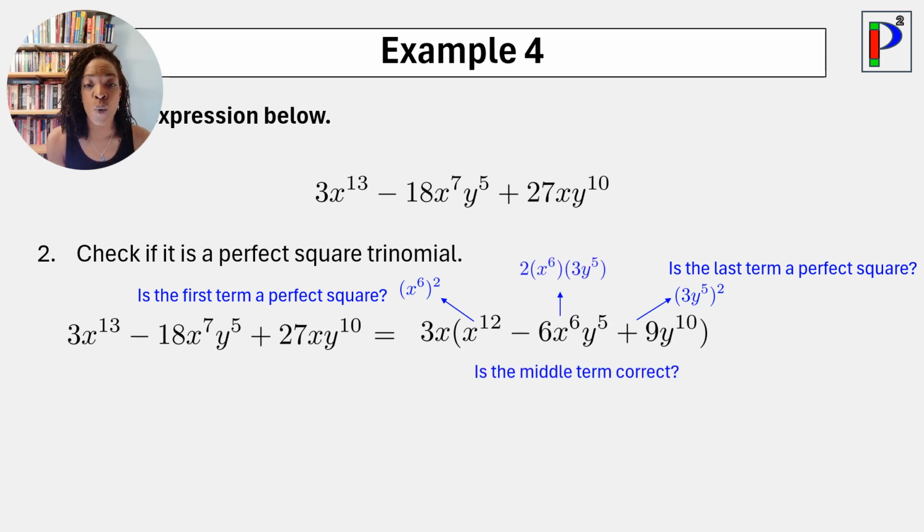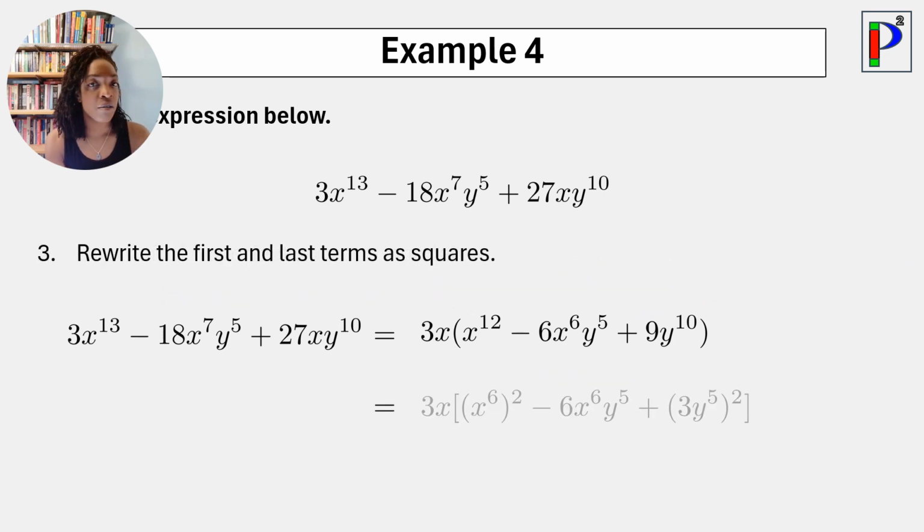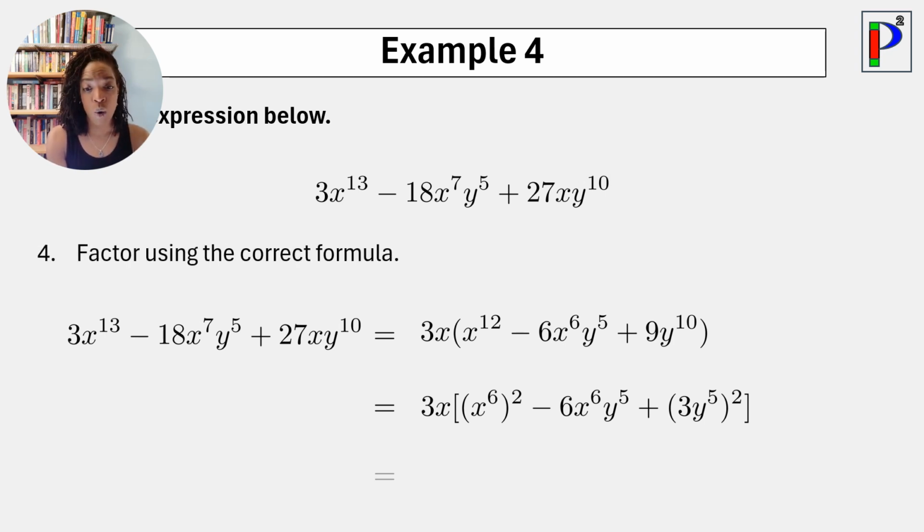So now we're just going to rewrite just the part inside the parentheses. Keep in mind, you may want to skip this step, totally fine. Now I'm going to choose my formula. My first sign is a minus sign, so I'm going to have a minus sign in my binomial. Keep that 3x out because we already factored it. We're going to drop the x^6 in and 3y^5 in.